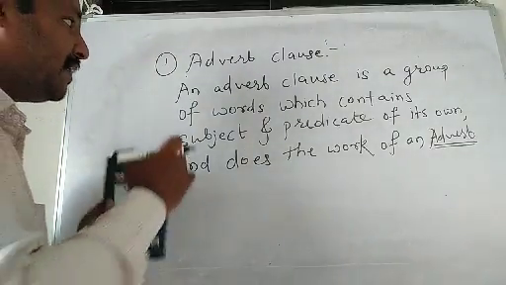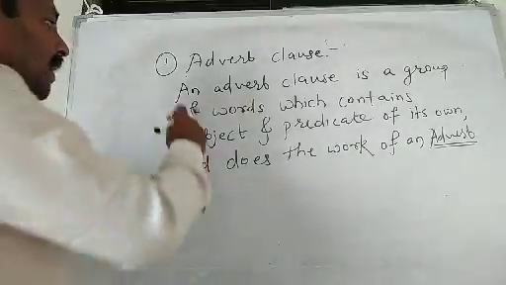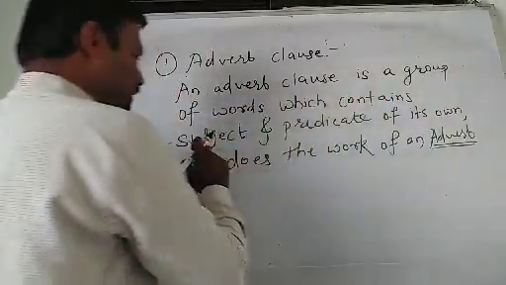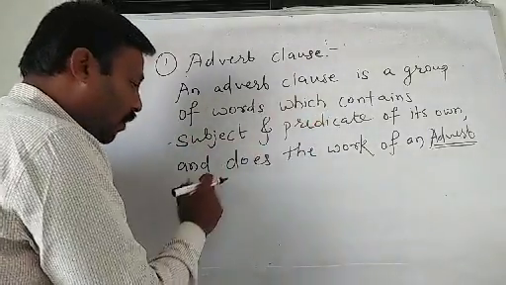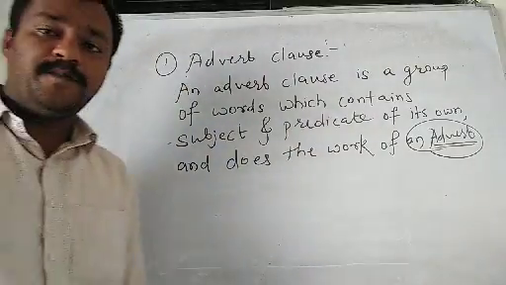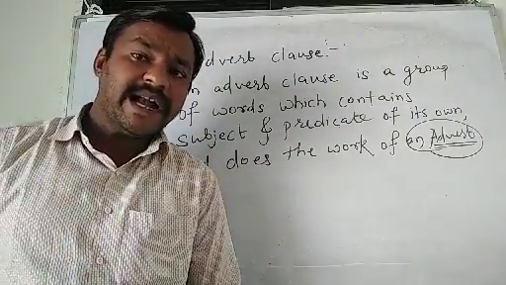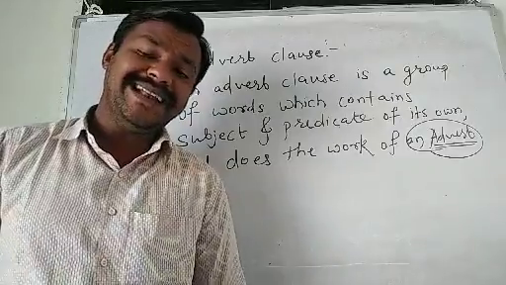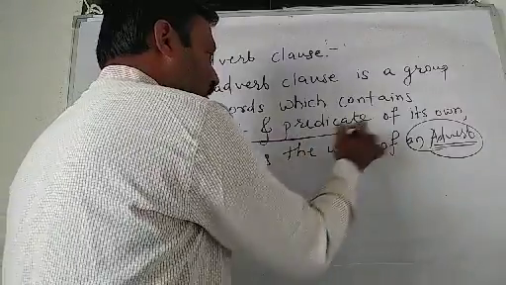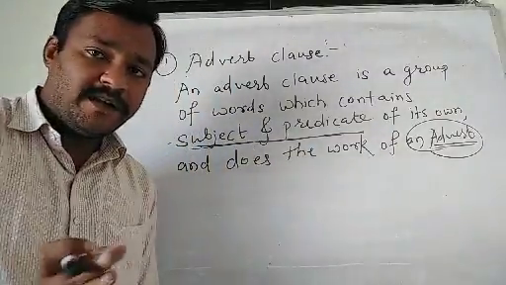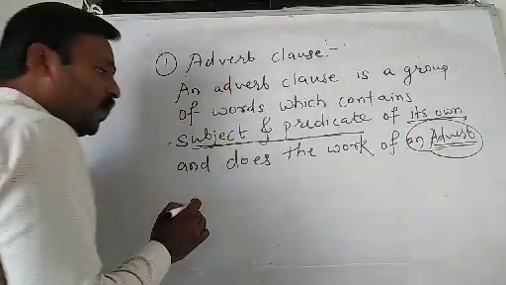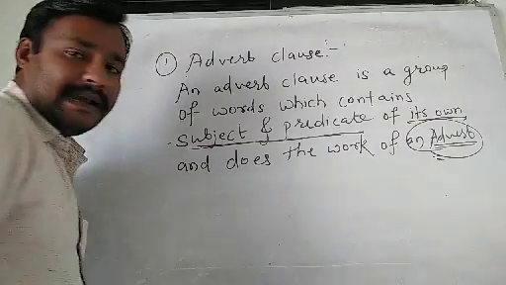So first try to understand. I have defined it: an adverb clause is a group of words which contains a subject and predicate of its own and does the work of an adverb. Means what, friends? Whatever sentences have an adverb clause, we can easily identify it, because the subject and predicate will be available in that particular part of the sentence, and that part will be working as an adverb.